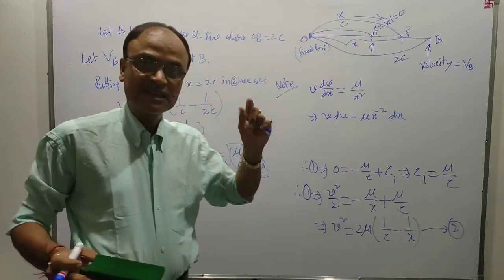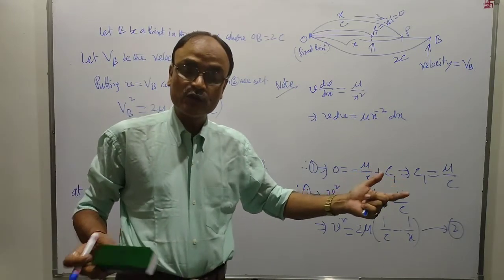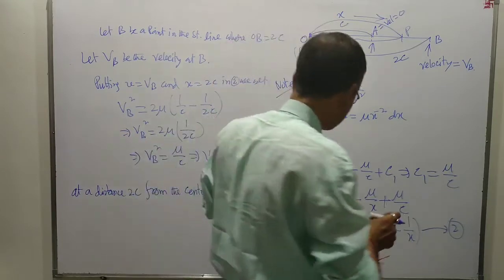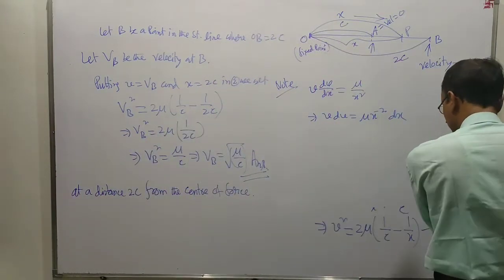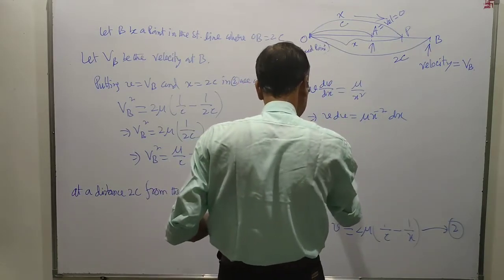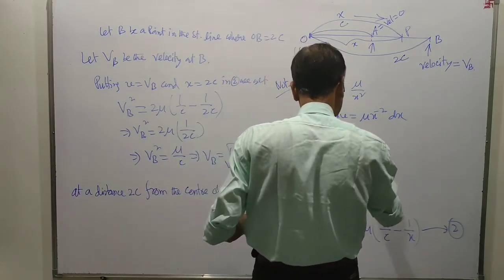Now, let Vb be the velocity of the particle when it is at a distance twice c from the center of force O. This is the alternative method.